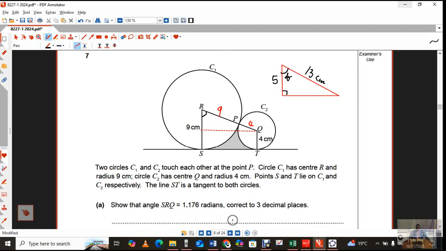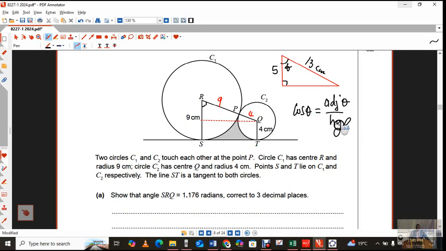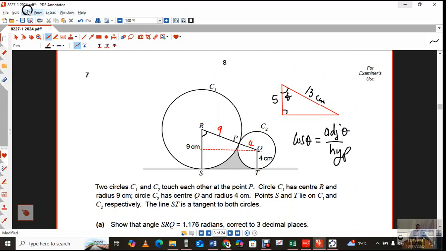Since I have a right-angled triangle with two sides given, a side next to the required angle and the hypotenuse, I'm going to use the cosine of theta, which is adjacent over hypotenuse.